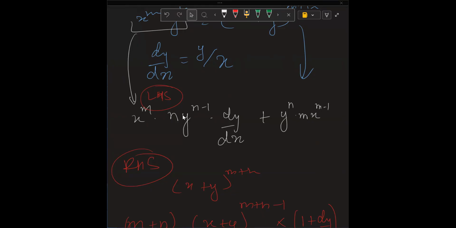I already told you that whenever you see a product, then always think about logarithms. अगर आपके पास product है, then always take log both the sides. So in LHS you have a product, x की power m and y की power n. So in that case you can take log both the sides. Understood?